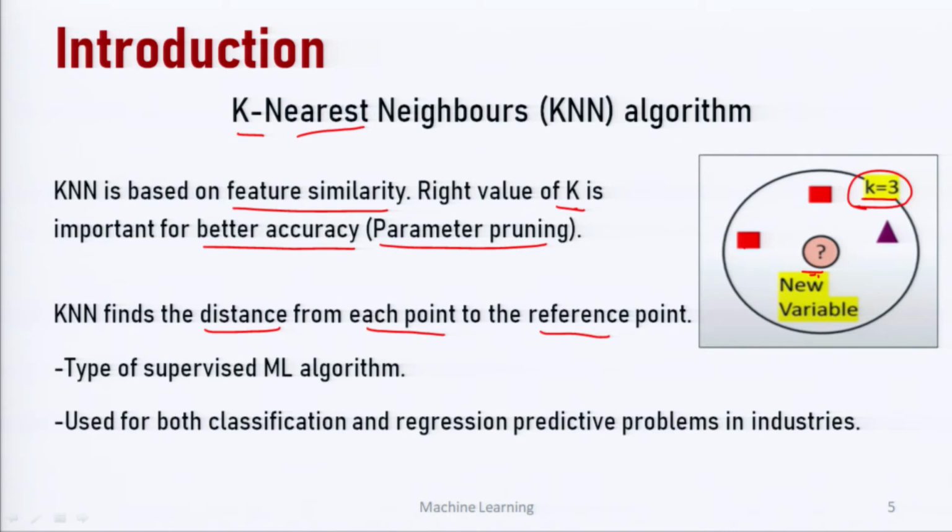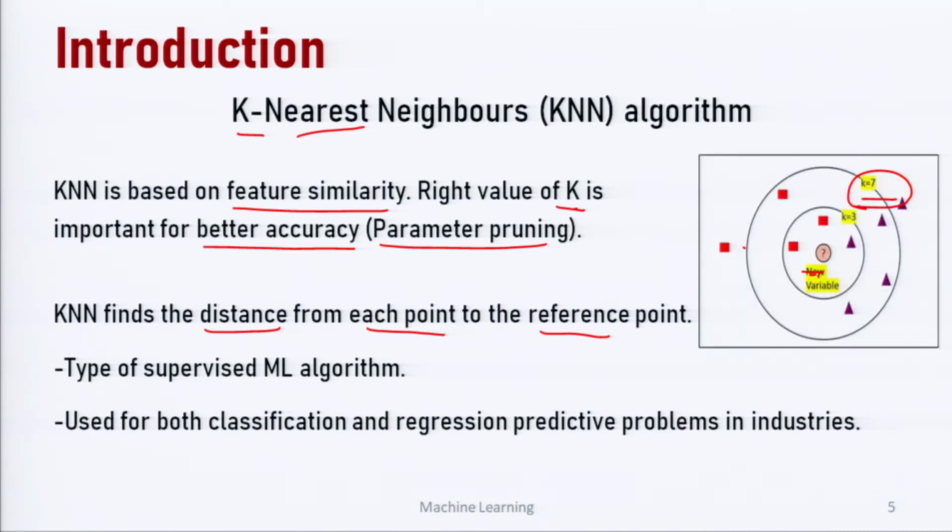Now, suppose we take another example, the bigger circle, where k is equal to 7 and there are 7 entities, and now we see that the k value has changed the solution itself. So, here there are a total of 7 entities and one new entity.